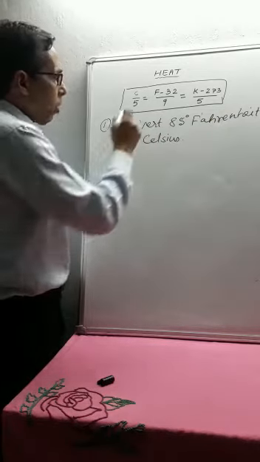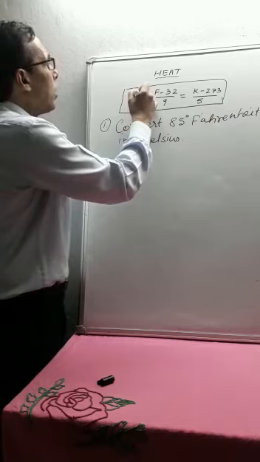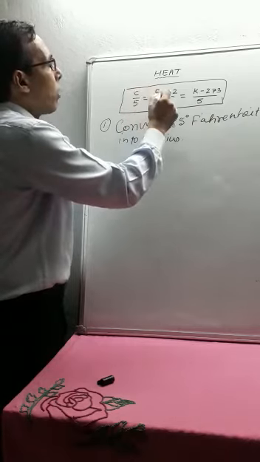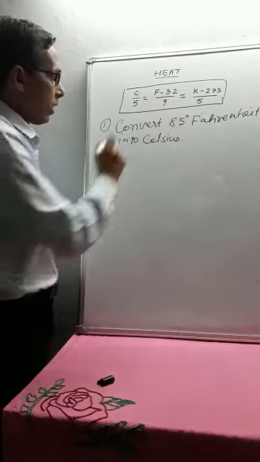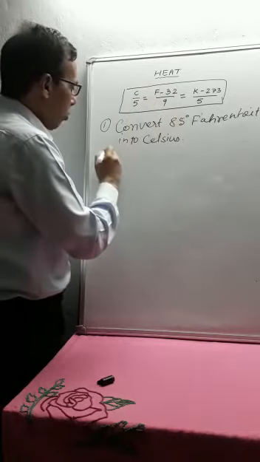How do you convert? So we see the formula here: C/5 = (F - 32)/9. First we write the formula here, solution.